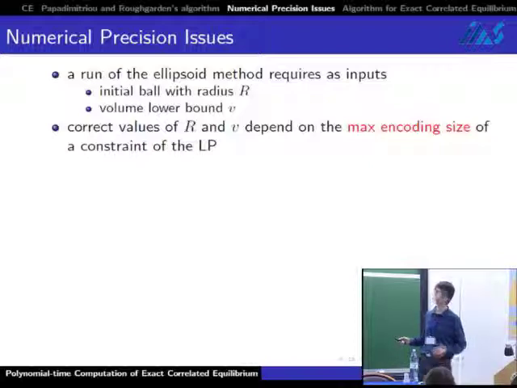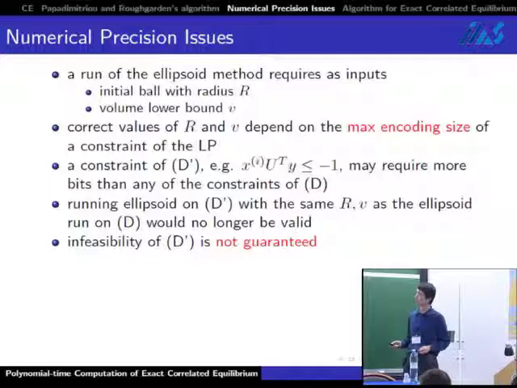Recall that a run of ellipsoid method requires as input an initial bounding ball as well as a volume bound V, where the algorithm would stop once the volume of the ellipsoid goes below V. So in order to correctly prove the infeasibility of an LP, we need to pick the right values of R and V, which then depends on the maximum encoding size of the LP.